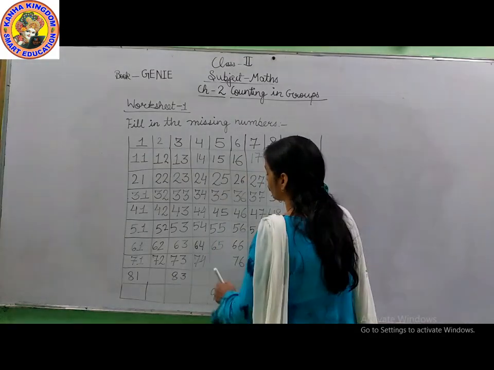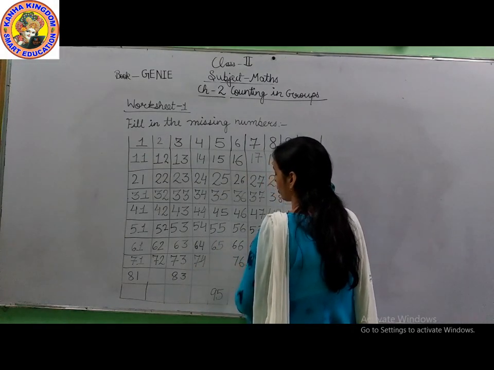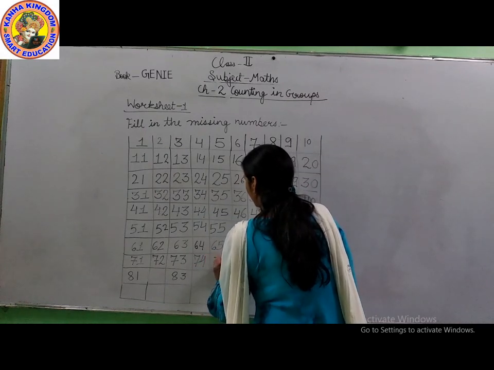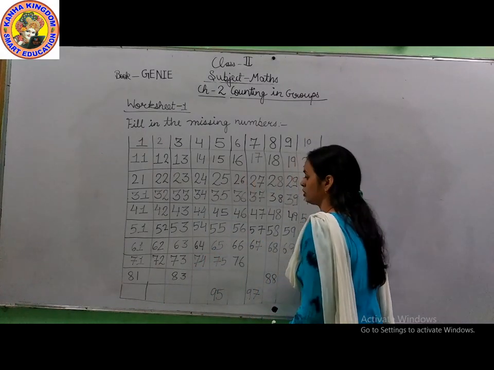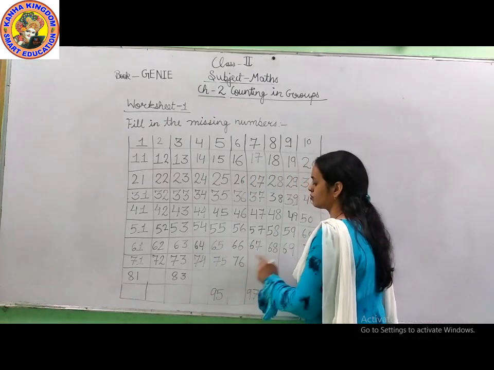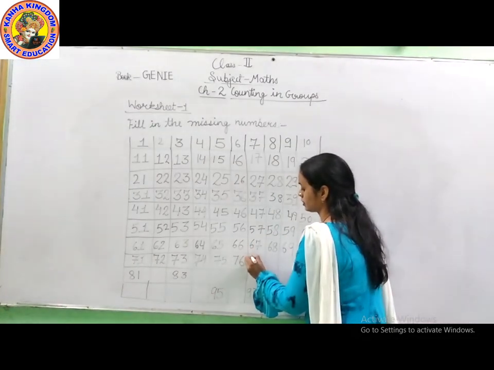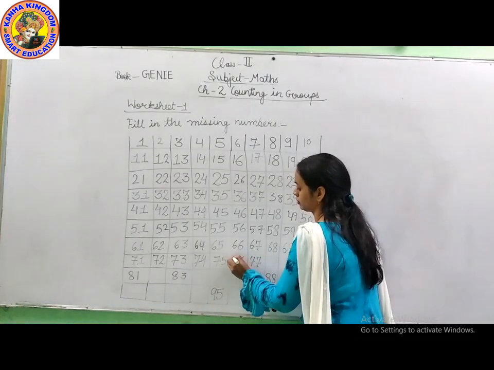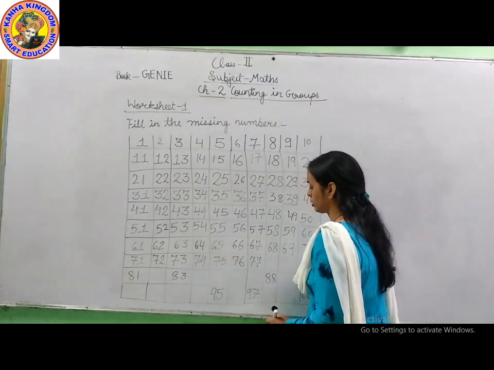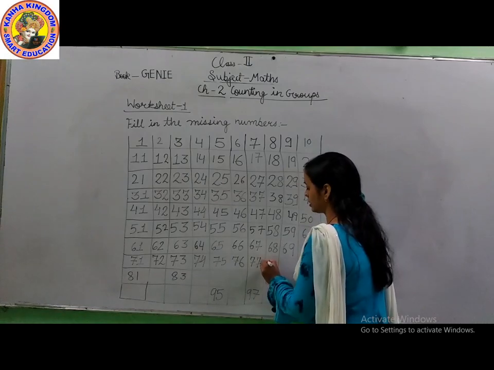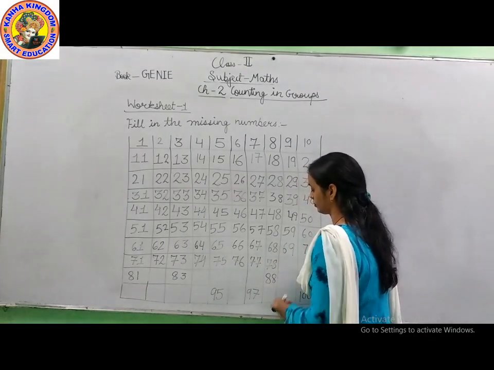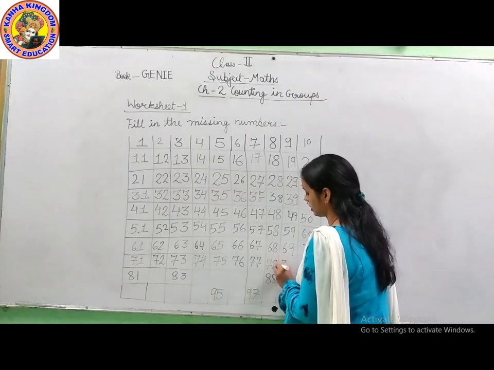Now, what comes between 74 and 76? 75. Now, what comes after 76? 77. Now, what comes after 77? 78. Then 79.